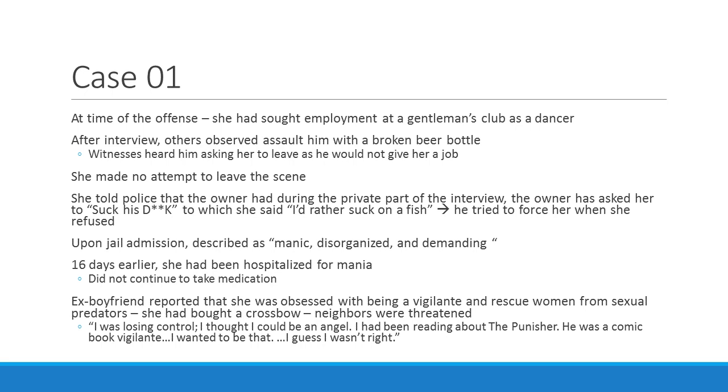She was living in an upstairs apartment. When the neighbors, who were disturbed by the noise, came and knocked on the door, she threatened them with a crossbow, which led to some problems. She had also subsequently broken up with him, and he described that she had created a page on social media with a tombstone with his name on it, and he was a bit frightened by her because of her extremely erratic and unpredictable behavior.